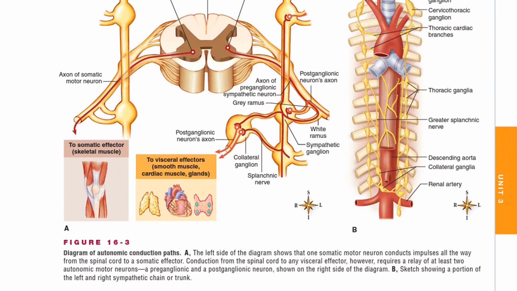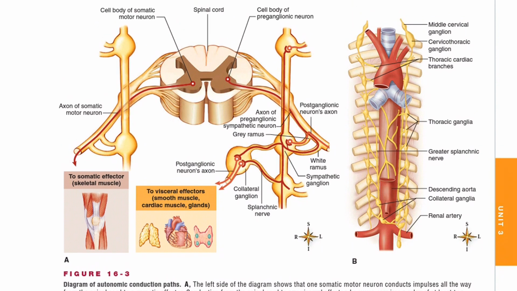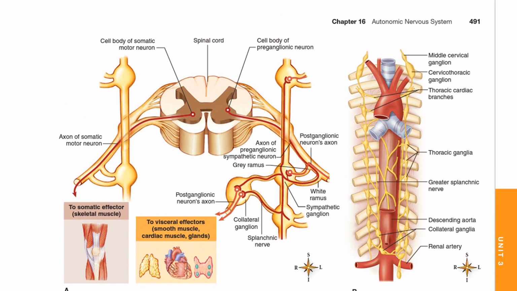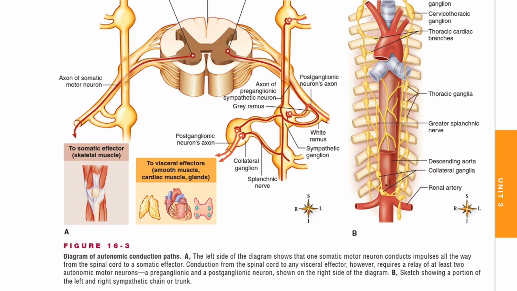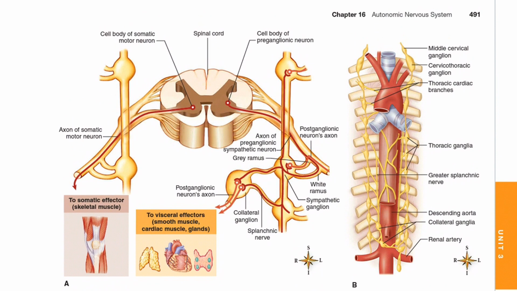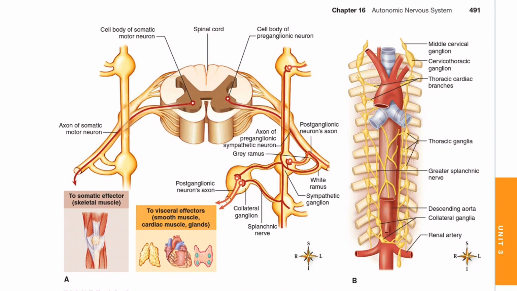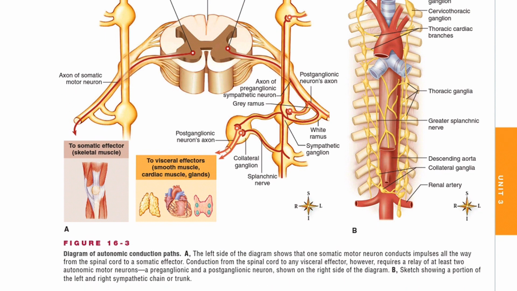This is the diagram of the autonomic conduction path. In the previous lecture we discussed this, the sympathetic division once again, just to brush up your concept of the sympathetic division.